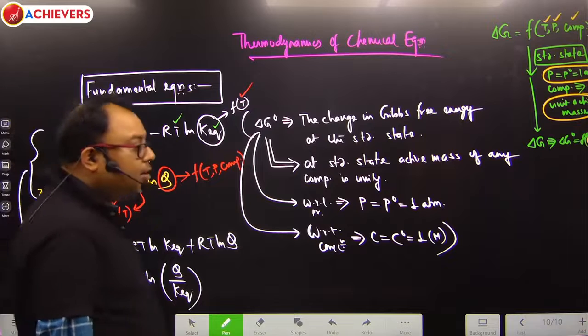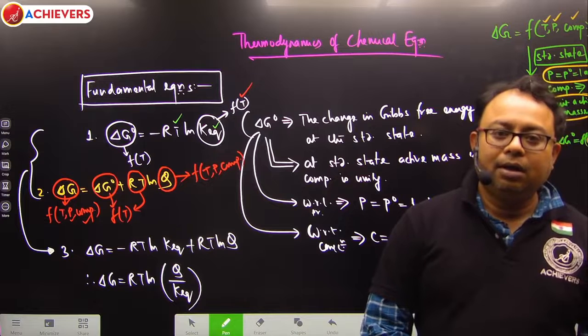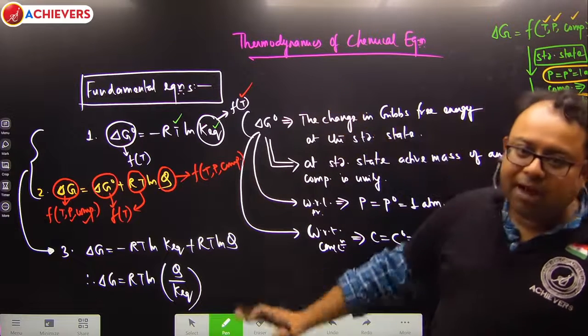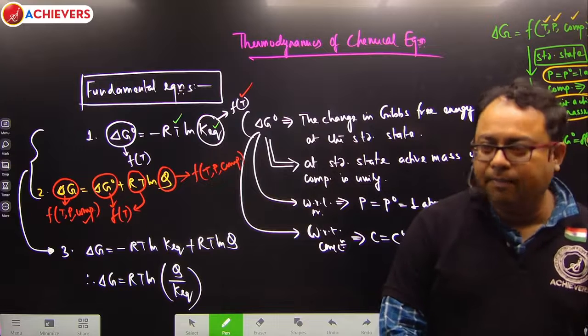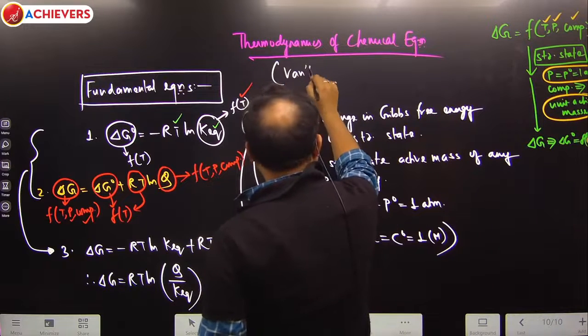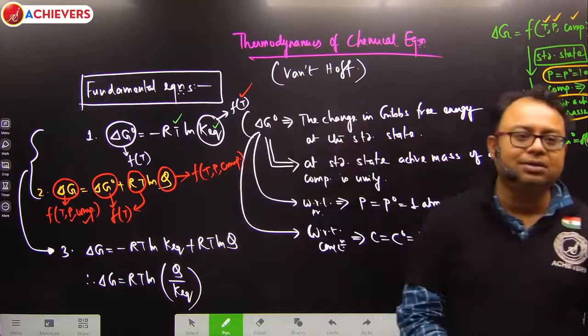So these are the important equations pertaining to thermodynamics of chemical equilibrium. And this interpretation was made by Van 't Hoff. And these are the Van 't Hoff equations.